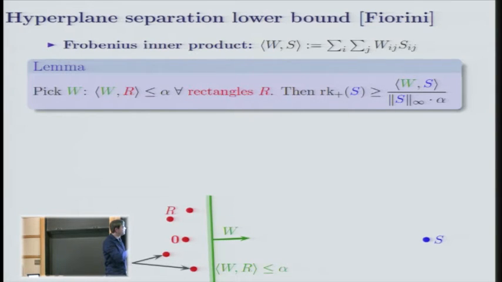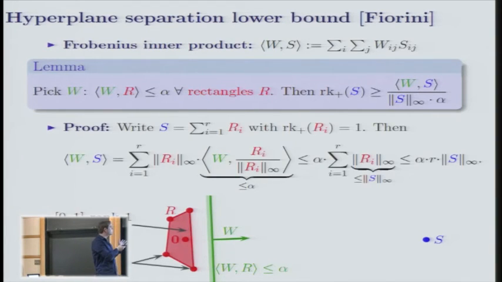It's essentially the fraction between the value which S has on the linear function divided by the best value of a rectangle on that linear function. Why is that the case?